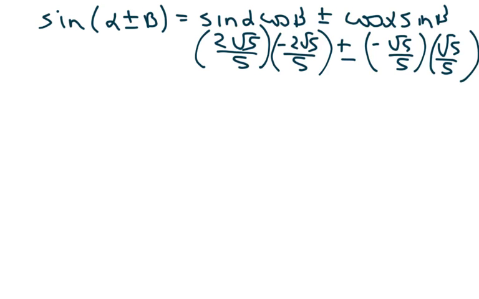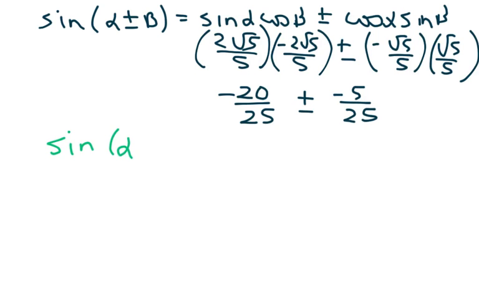So the numerator here is going to be negative 4 times 5 is negative 20 over 25, plus or minus, and this is going to be negative 5 over 25. So sine of alpha plus beta is going to equal negative 25 over 25, which equals negative 1.